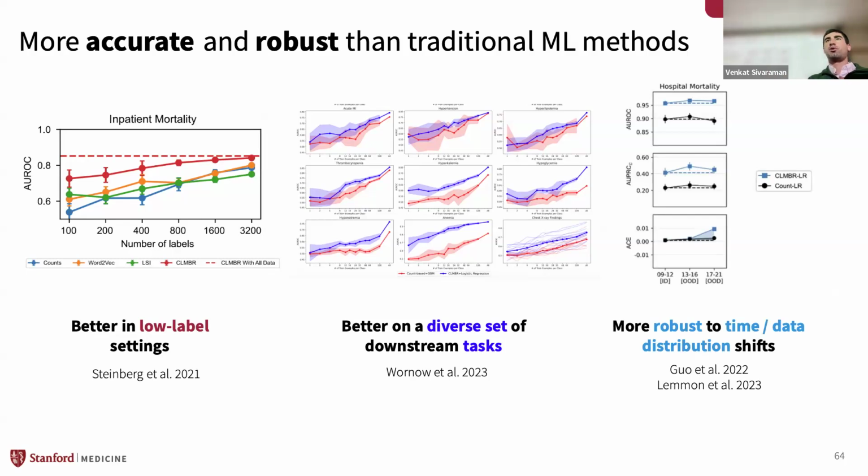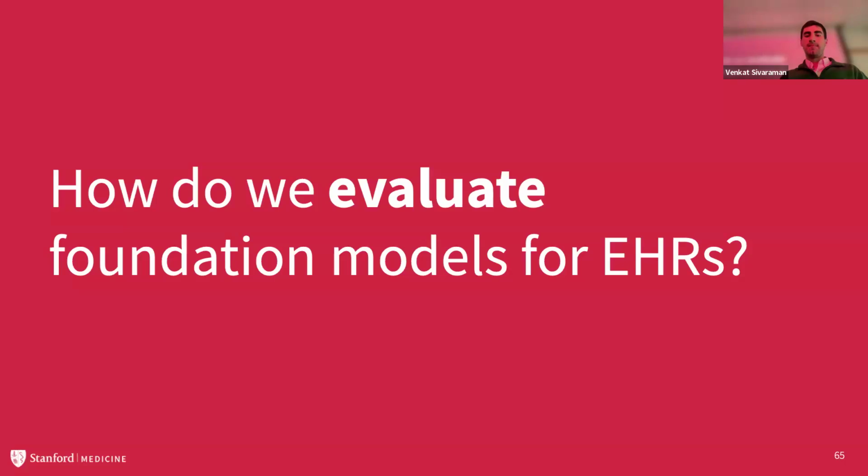COVID would be a great example, right? That was a pretty big shift in the distribution of patients. But even without a pandemic-level event like COVID, there are still shifts in your patient population, disease prevalence, things like that. So you want your model to be robust to that. And so the takeaway from this slide, I'd say, is these models do tend to perform better than task-specific models or traditional methods.